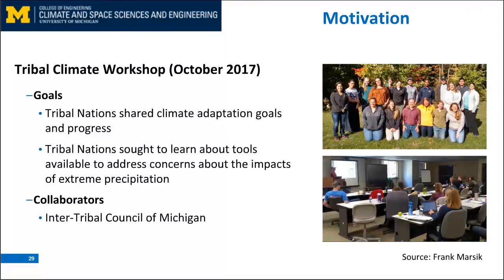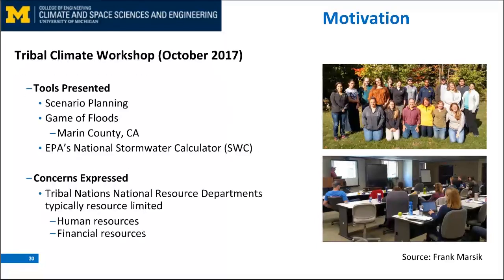And so one of the things that we wanted to do was provide the tribal nations with the opportunity to share some of their climate adaptation goals and the progress they had made in the years following that assessment. And then also, as I mentioned, the tribes had asked us if we would be able to provide them with just some overview of the different types of tools that might be available to them to try to prepare for some extreme rainfall events.